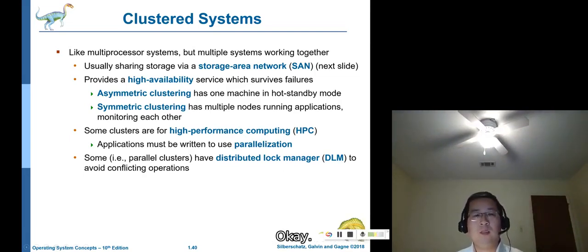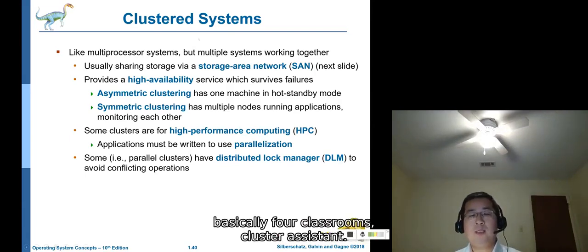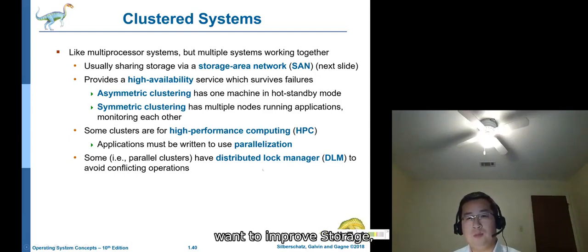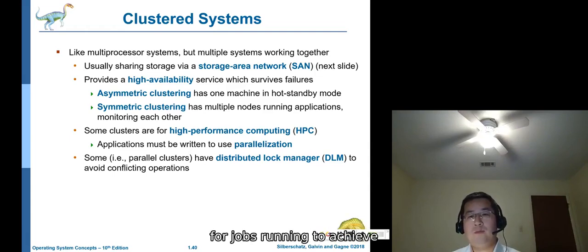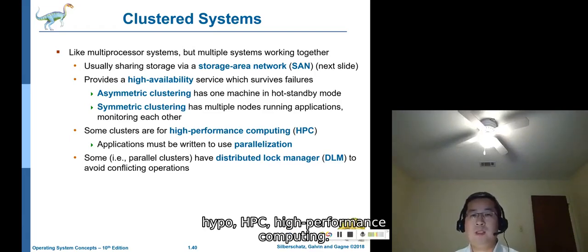So this is the reason. Basically, for cluster systems, the most important reasons are that we want to improve storage and computational power, have parallel programming, and improve the performance of running jobs, to achieve HPC, high performance computing.